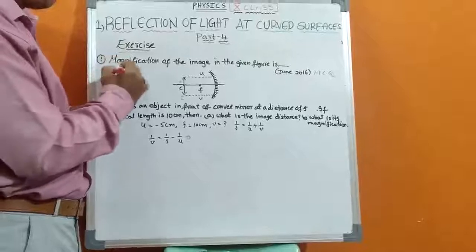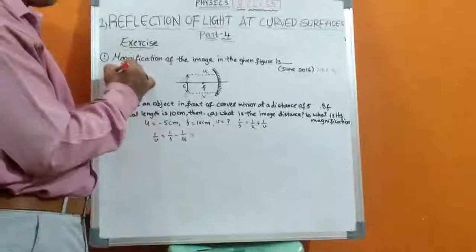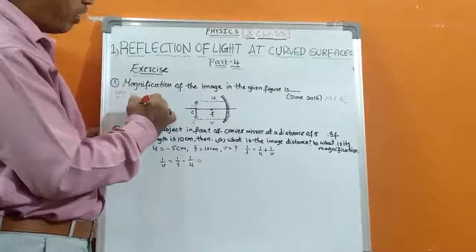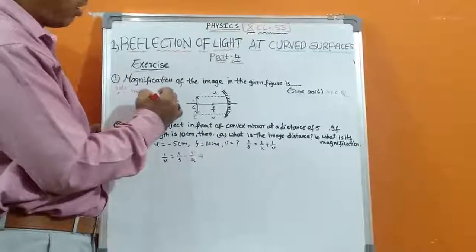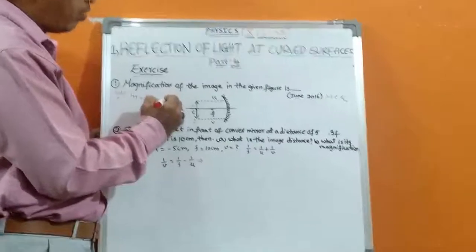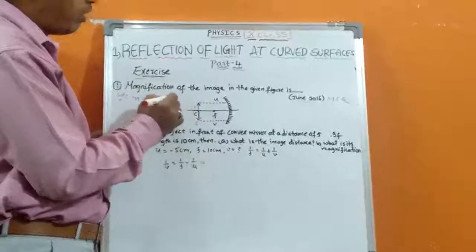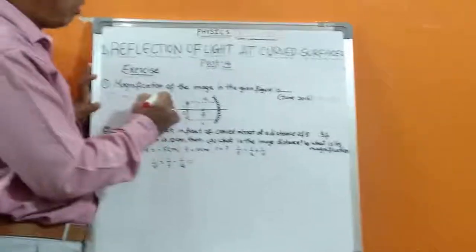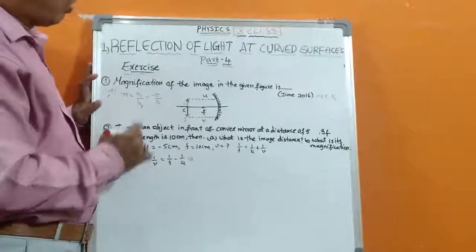He is asking for magnification, so we have the formula: height of the image by height of the object, or minus V by U, minus image distance by object distance.